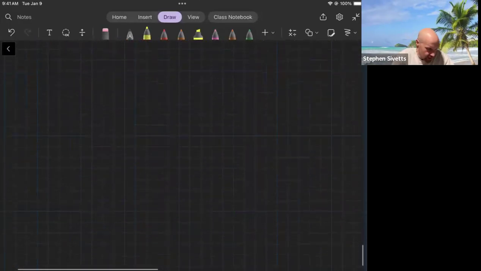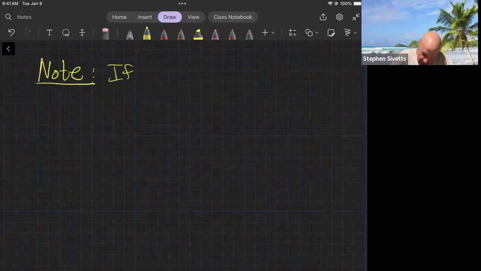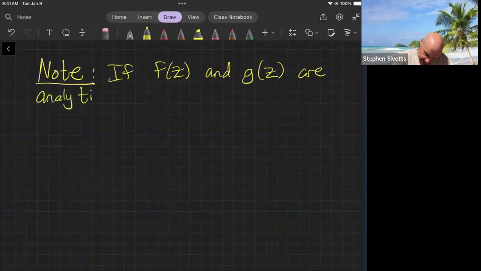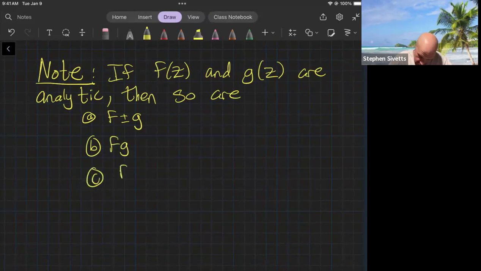Another thing to take note of is that if I have two functions that are analytic, f of z and g of z, then so are the sum or difference. The product is analytic, just use the product rule, and then the quotient.